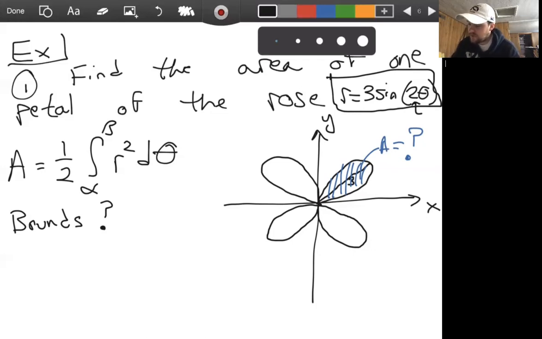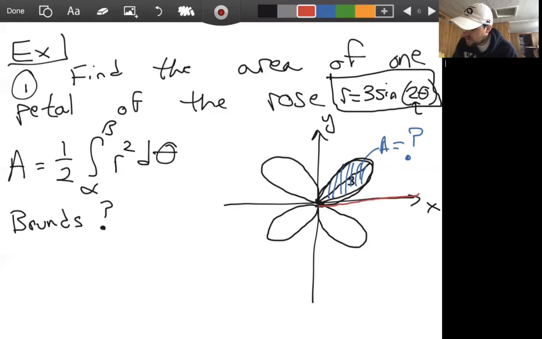you want to look at how this curve is traced out, right? We start at the origin and we start tracing in this direction. When we start at the origin, we can plug in theta equals 0 to get r equals 0. So that means where we're starting at the origin is at theta equals 0.